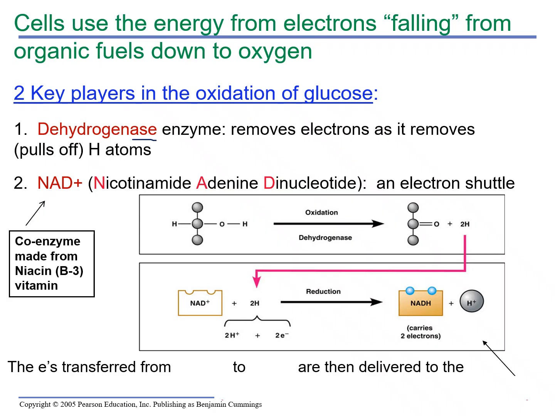Whenever something ends with -ase, it is most likely an enzyme in biology. NAD+ is a coenzyme made from niacin, which is vitamin B3. The electrons transferred from glucose to NADH are then delivered to the electron transport chain.